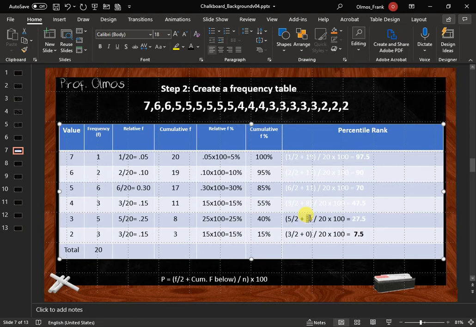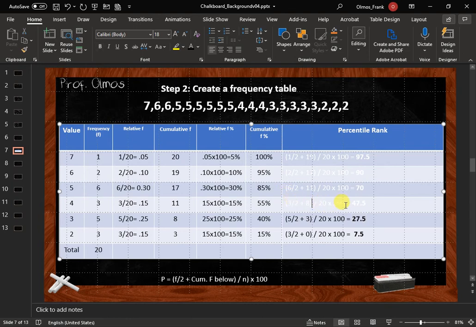Plus 3. 3 is actually the cumulative frequency below, as you can see. All right. And divided by 20 times 100, then you get 27.5. So whoever got 3, their percentile rank is 27.5. That means they did better than 27.5% of everybody else. That's their rank.